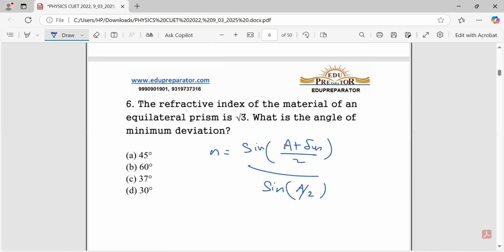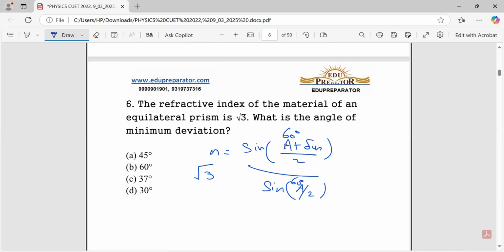We have done many questions. We know that if this delta is 30 degree, the refractive index comes to be root 2, and if it is the value involving 60 degree, we find that the answer comes to be root 3, right? Otherwise also you can simply put the values, n is root 3, this is 60 degree, this is 60 degree.